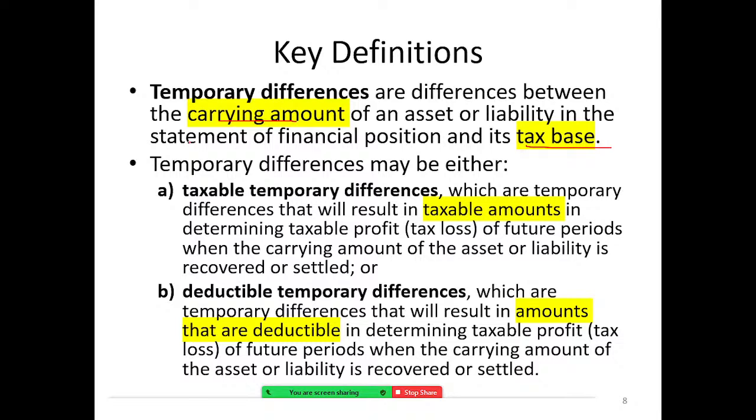So temporary differences may be either A, taxable temporary differences, or B, deductible temporary differences. As I told you earlier, there are two things. For example, the entity estimated 1,000 as income tax, but the actual current tax payment equals 800. So is it a deferred tax liability or deferred tax asset?